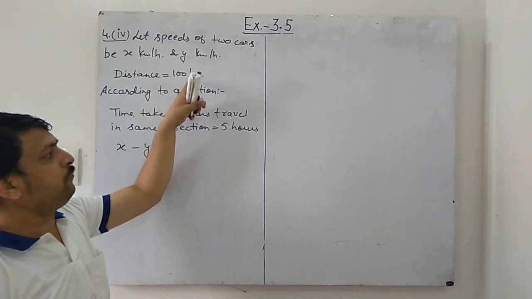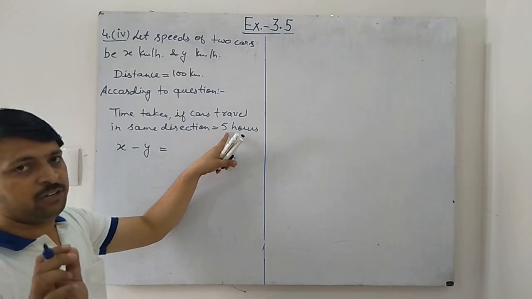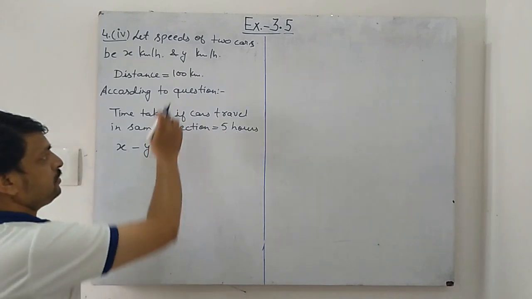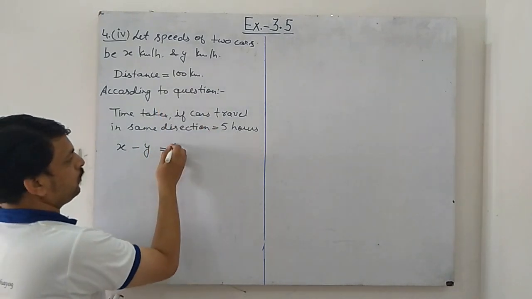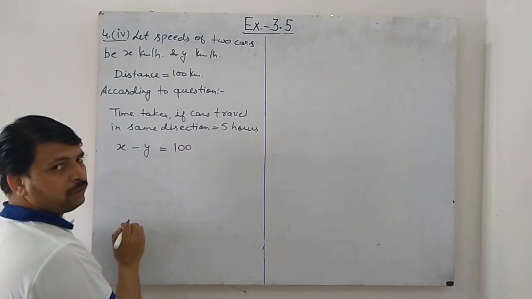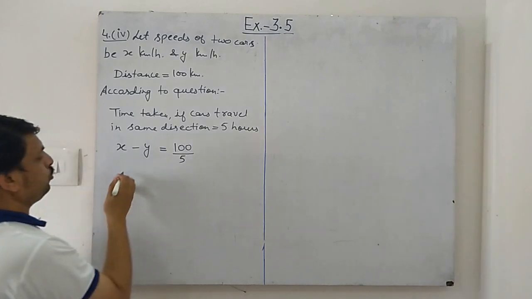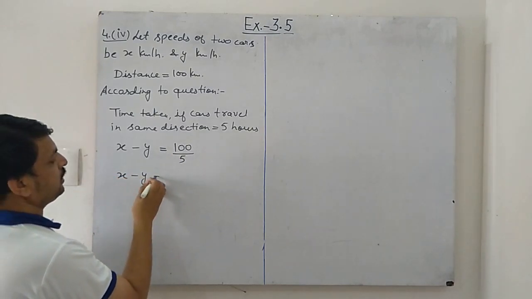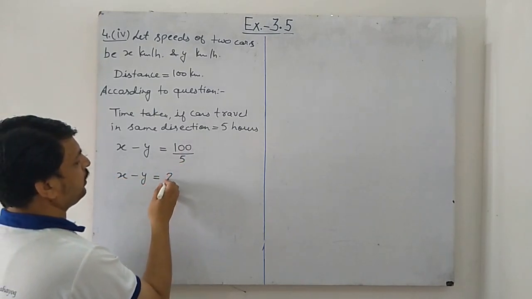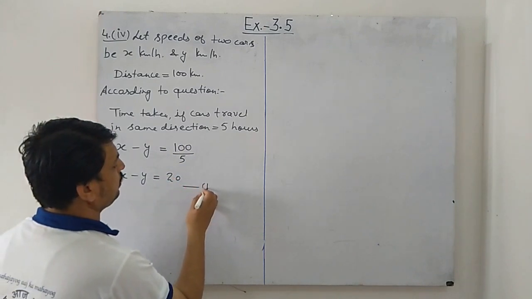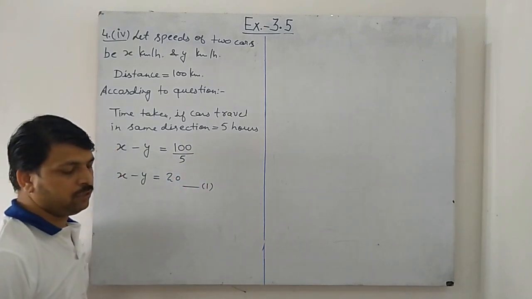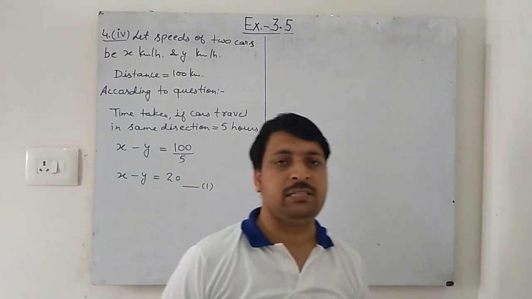Speed is equal to distance upon time. So distance is 100 km and time taken is 5 hours. So that equation will be x minus y equals 100 divided by 5, that is 20.